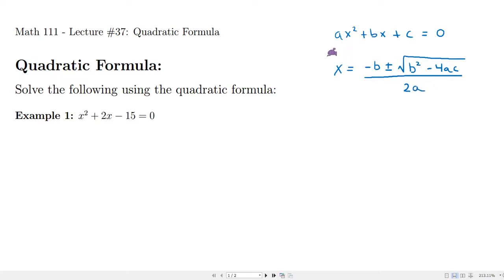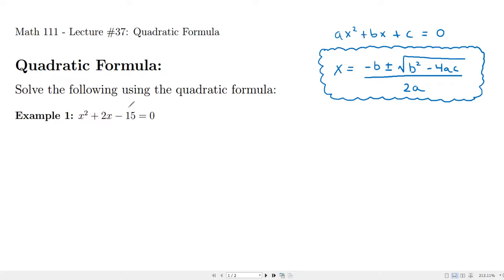Okay, so that right there is the quadratic formula. Now, in order to make sense of it, you'll have to remember that a, b, and c are referring to the coefficients in this particular order.